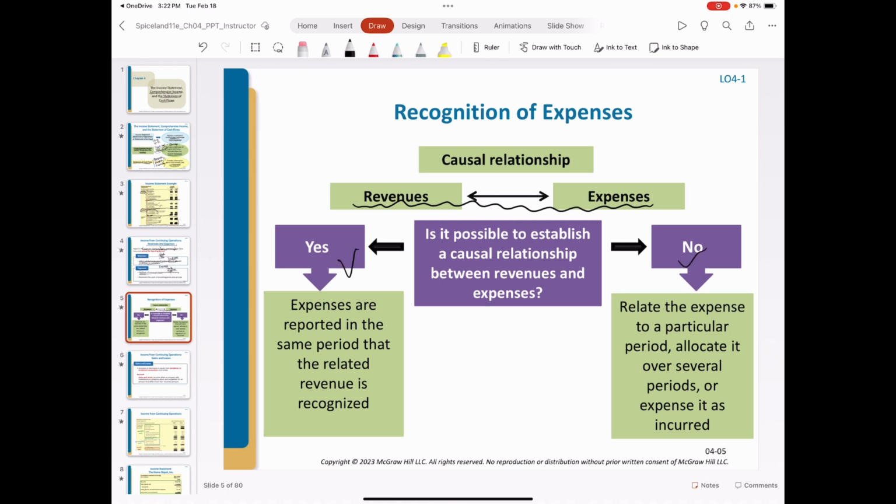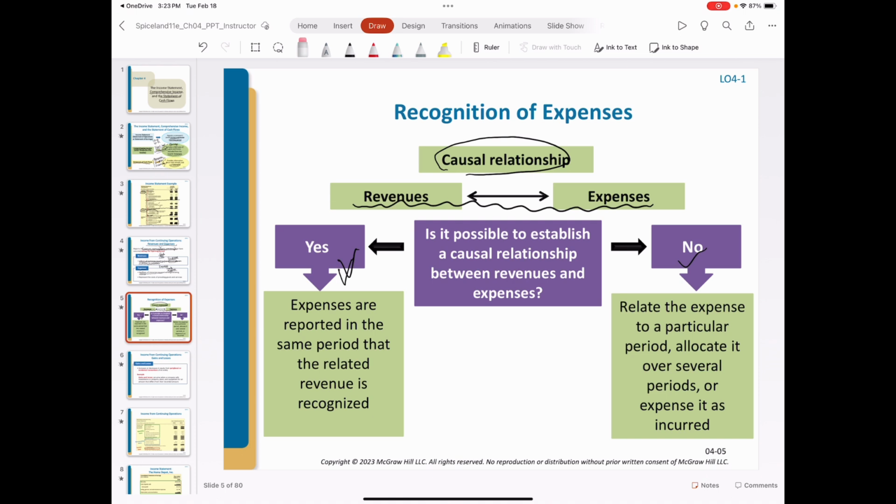So the income statement reports different expenses in the different sections regarding the existence of this causal relationship. So if the expense has a relation with the revenue generation, the answer is yes. We will report it in the same period with the related revenue.